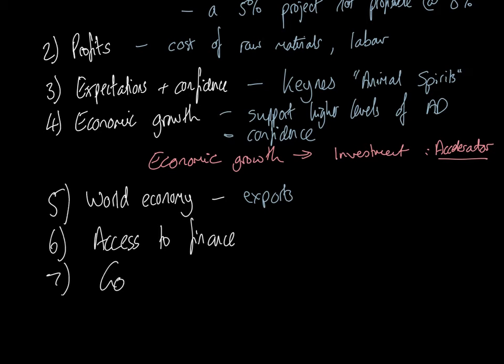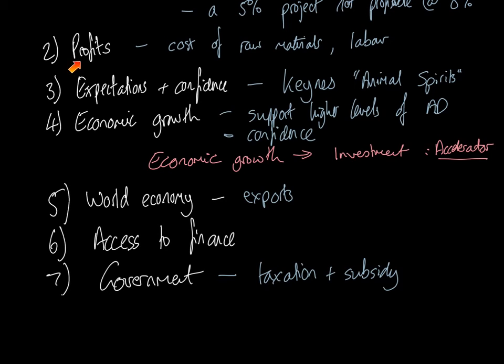And finally, the government has a role to play. And there are kind of two main ways, I suppose, that the government can influence the levels of investment within the economy. The first one is through taxation and subsidy. So the government could alter either the overall level of tax on business, what we call corporation tax.